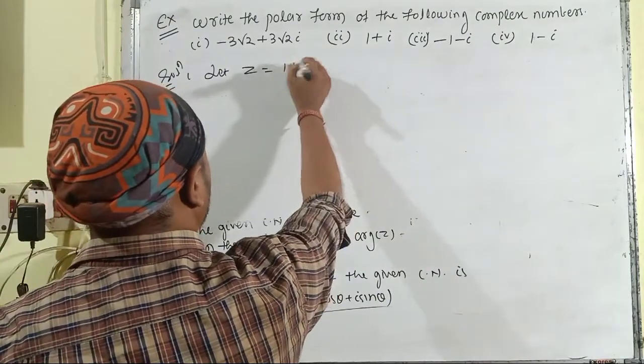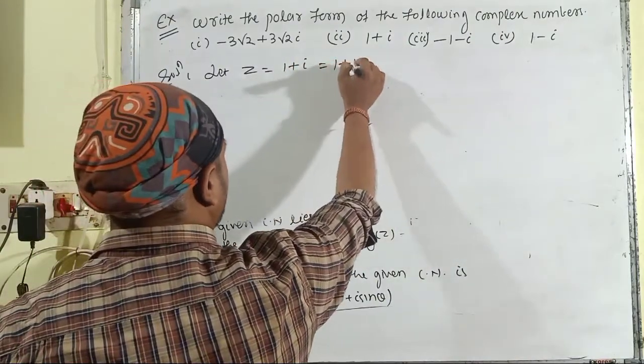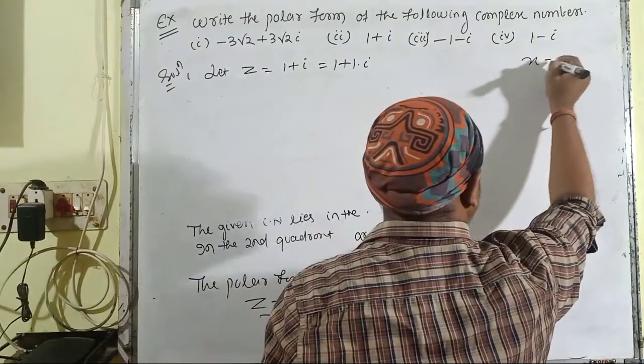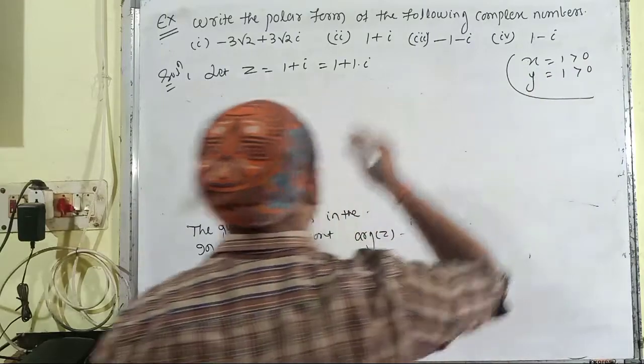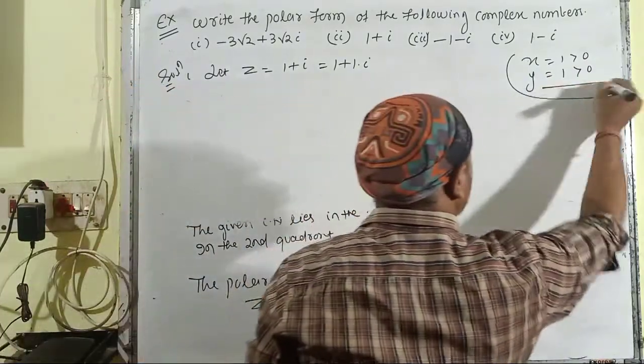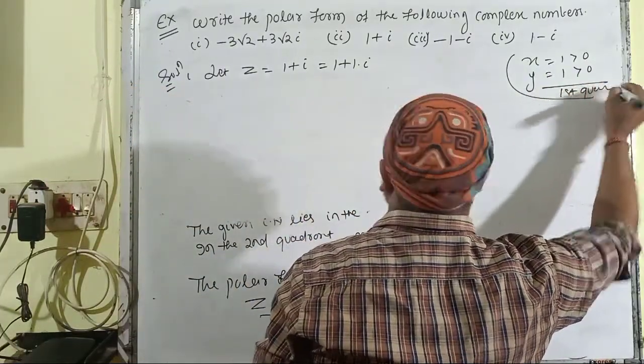Here z is equal to 1 plus i, that means 1 plus 1 into i. Here x is equal to 1, greater than 0, y is equal to 1, it is again greater than 0. That means it lies in the first quadrant.